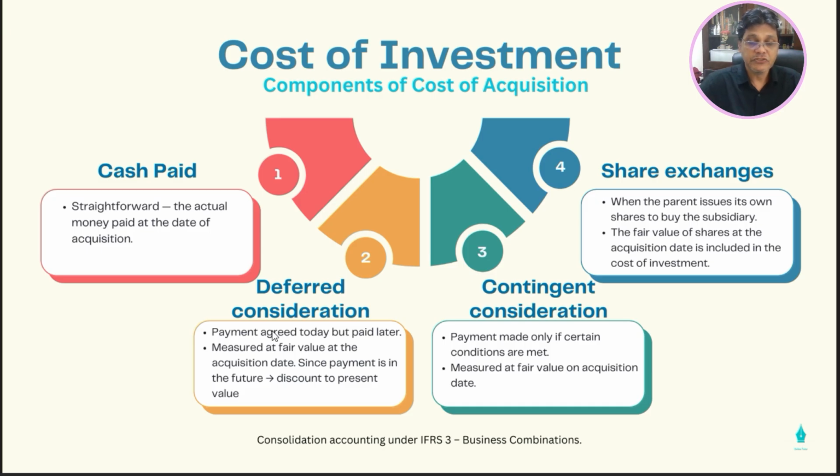So to calculate the goodwill, you need to identify the current investment cost. Since you are given a staggered or installment payment, you need to discount the deferred payment to identify the present value of the consideration paid.